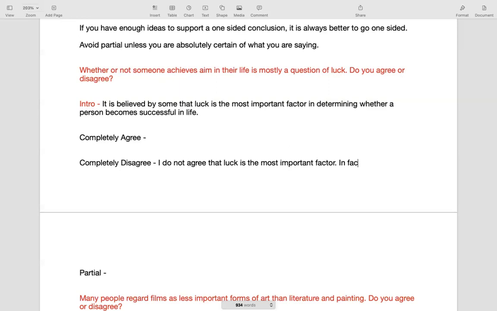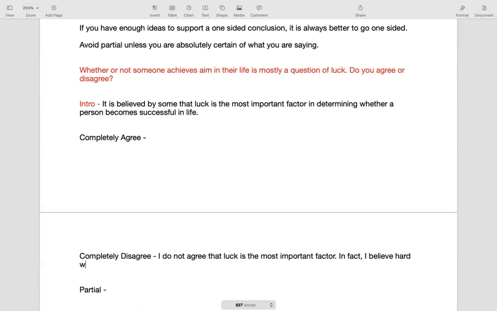In fact, I believe hard work and determination are much more important than luck.